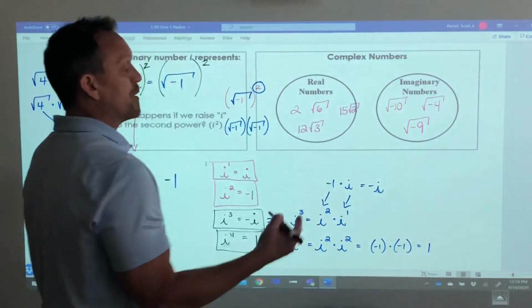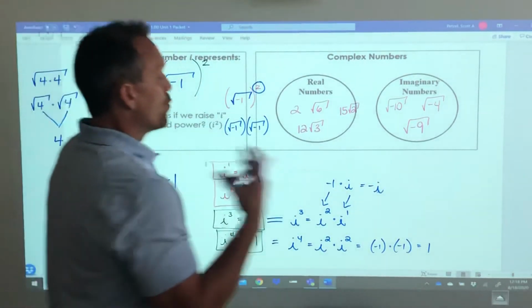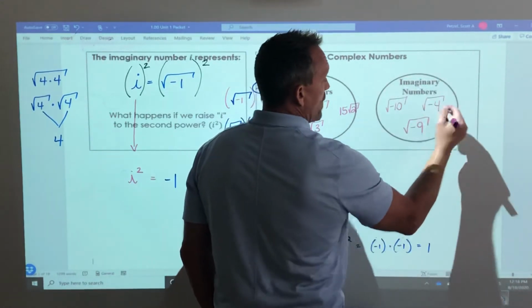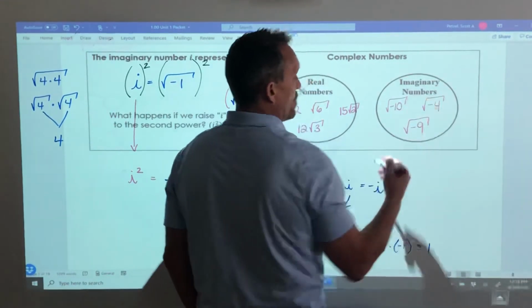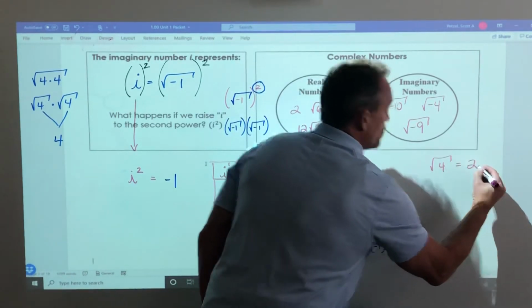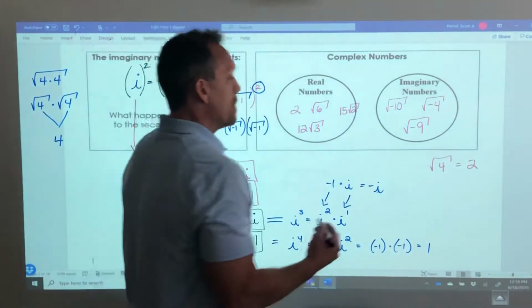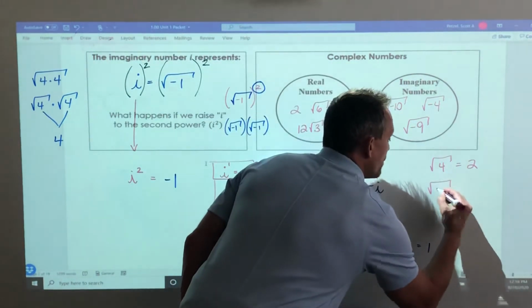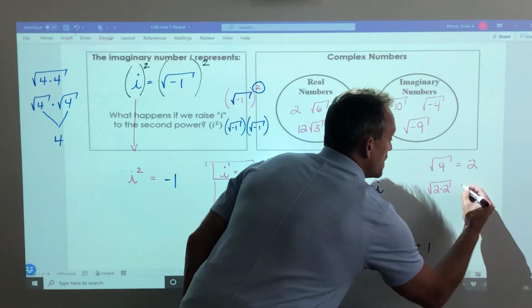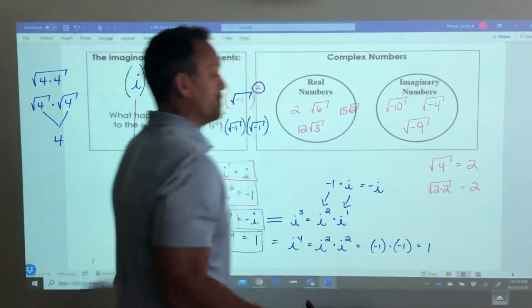Even though they're perfect squares, the reason why these two in particular are imaginary numbers: remember that the square root of 4 equals 2, because it's 2 times 2. That's why it equals 2.